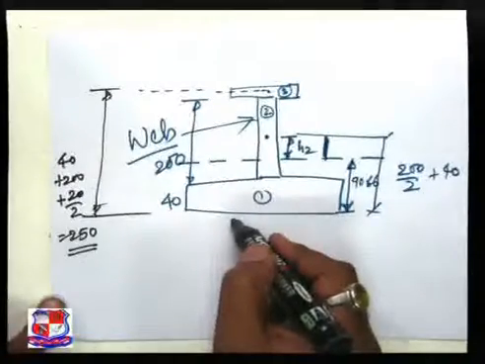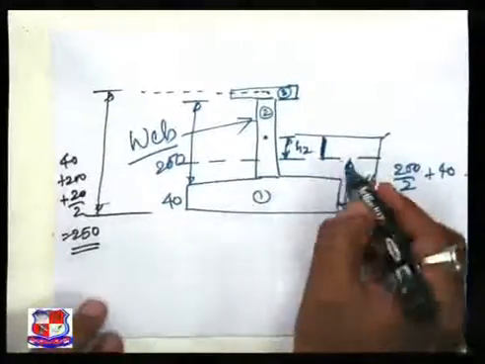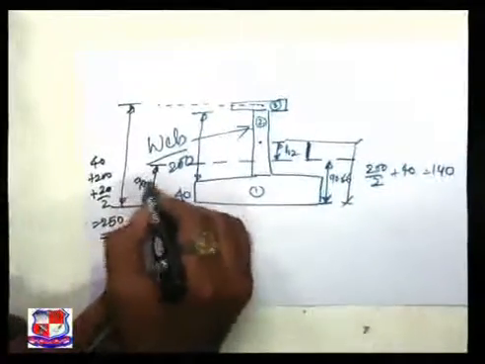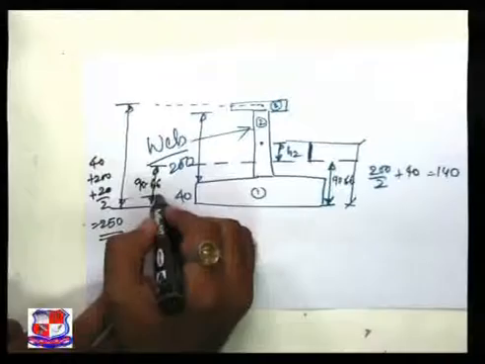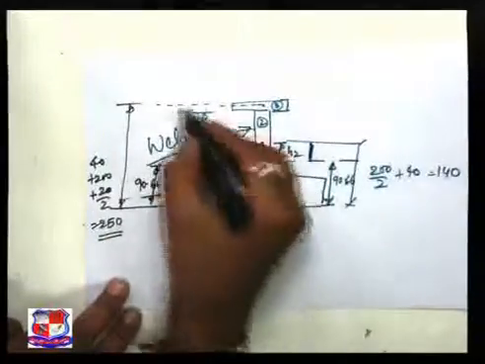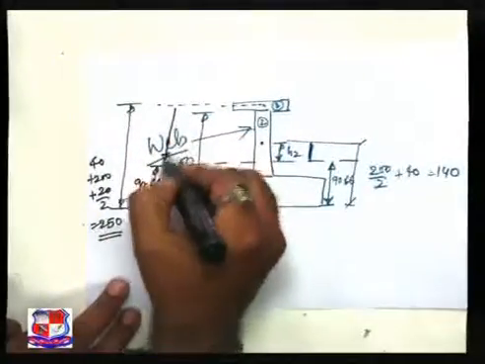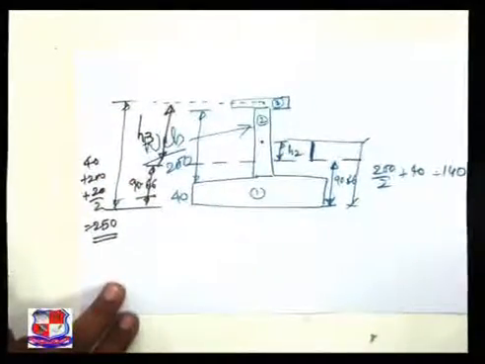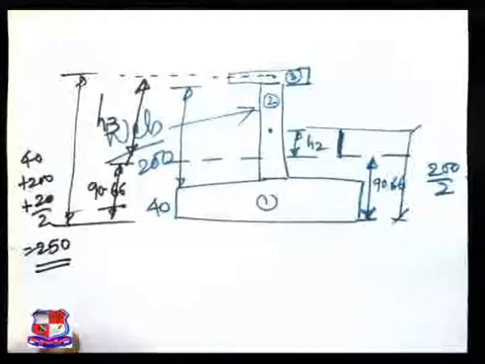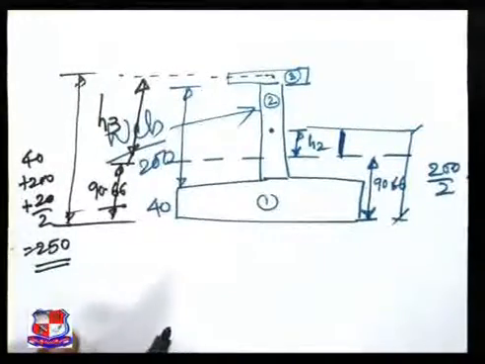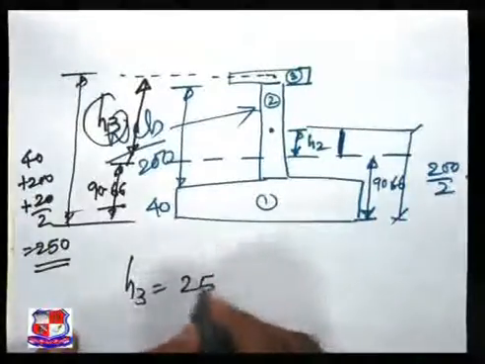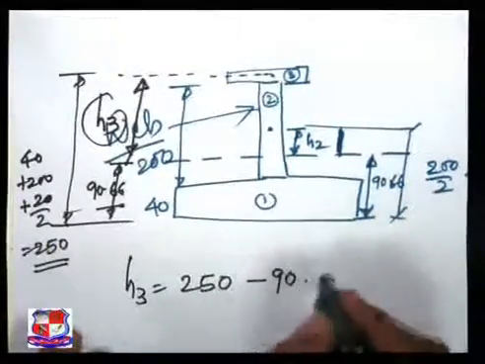Now the CG distance is known to us, that is 90.66. So this one is our H3, and H3 is equal to 250 minus 90.66.